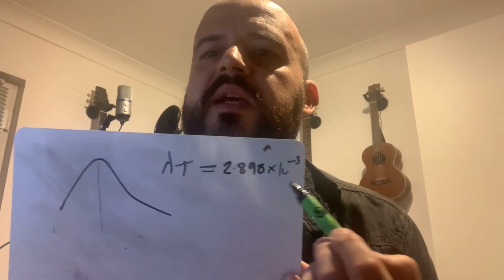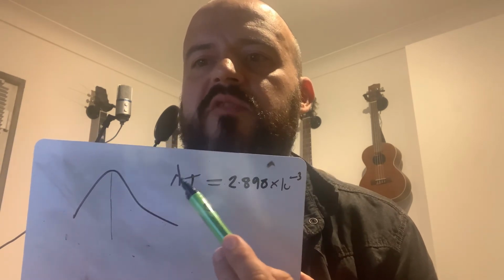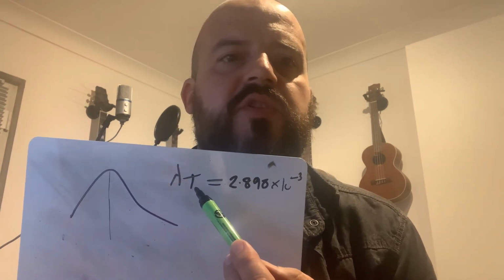So we're going to put that in, and you're going to rearrange the equation. Wien's law tells us that the peak wavelength times the temperature is equal to this number, 2.898 times 10 to the minus 3. So all I'm going to do is divide 2.898 times 10 to the minus 3 by the peak wavelength that you read off the graph, and you will get the temperature.